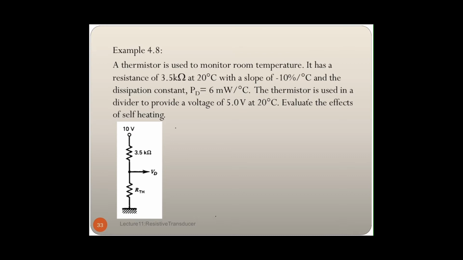Without considering self-heating, it's already given that at 20 degrees Celsius, the voltage output will be 5 volt. This is because the resistance at 20 degrees Celsius is 3.5 kilo ohm. So therefore, V out is equal to 3.5, the resistance for the sensor, divided by the total resistance, which is 3.5 kilo ohm plus 3.5 kilo ohm, multiplied with 10 volt, the power supply, that will give us 5 volt.